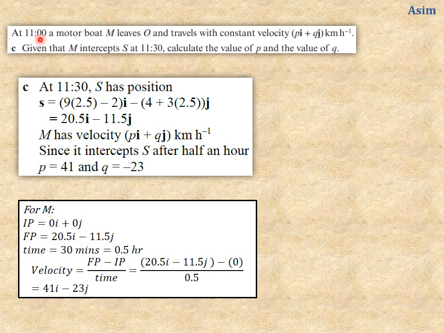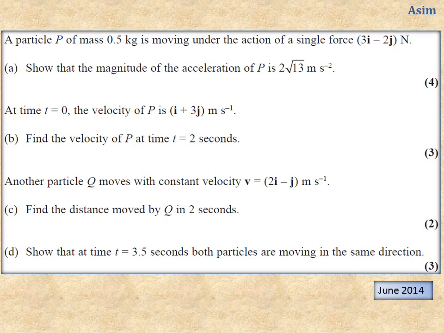We got the final position of S, which is the same as the final position for M. Now for M we know the initial position, and we know the final position because it is the same as the final position of S, and time. M started at 11 o'clock, so from 11 to 11:30 for M, the time is just 30 minutes, which is 0.5. So now velocity is final position minus initial position over t.